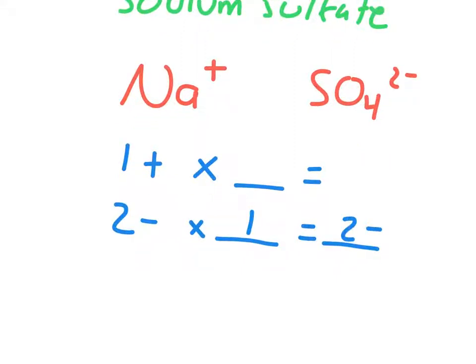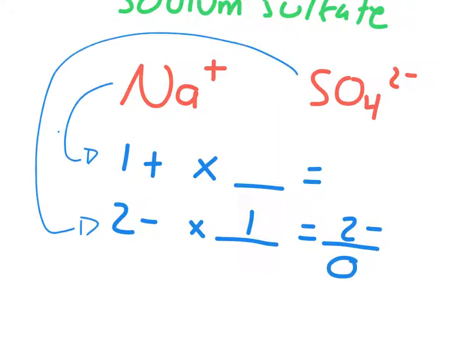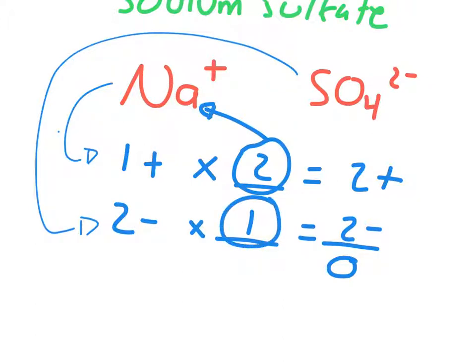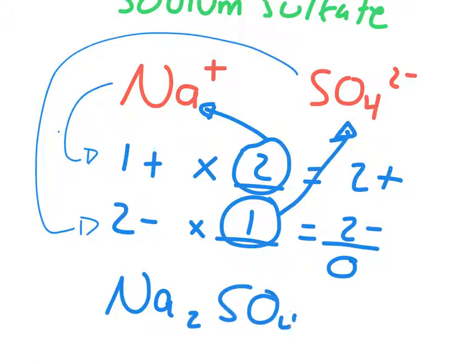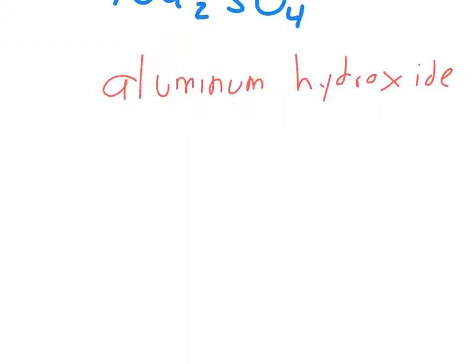Okay, so if we take into account that we have two negative charges of one single sulfate ion, we would need to have two ions of sodium in order to have the two positive charges and have a net charge of 0. So this 2 will be the subscript for the sodium, and the subscript for the sulfate will be 1, so it wouldn't have any.